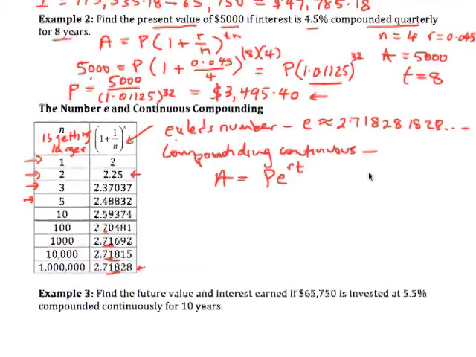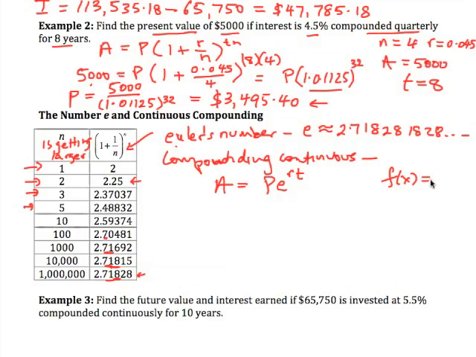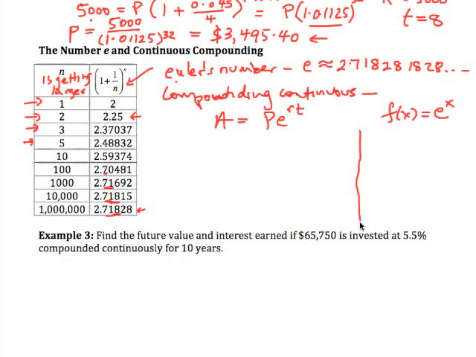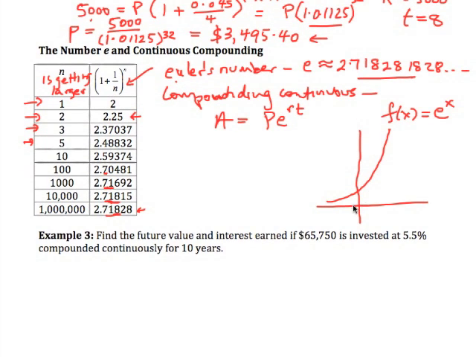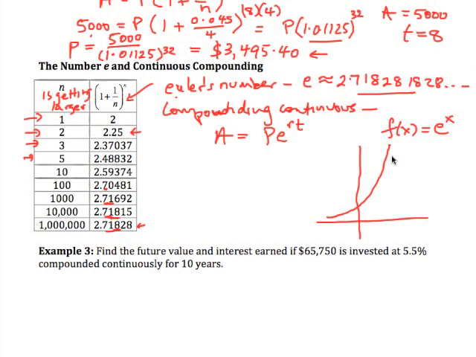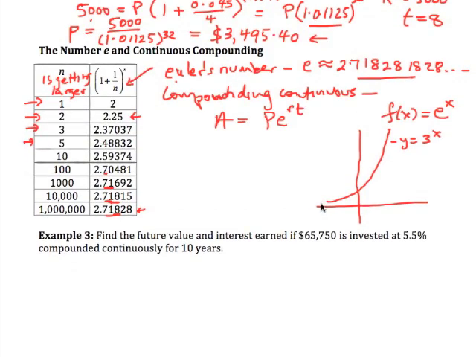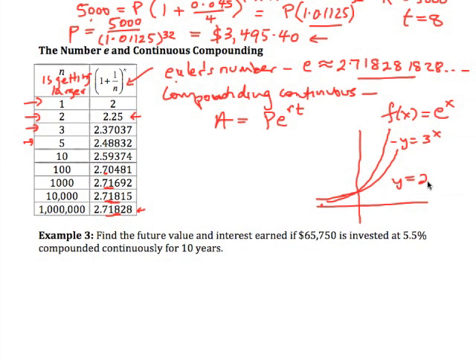The other thing, of course, is that we now have a new kind of function. We could have f of x equals e to the x. Now what does that look like? Well, e is about 2.7. Let's suppose this one was y equals 3 to the x, and this one was y equals 2 to the x.